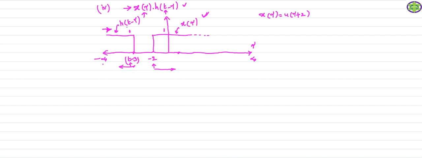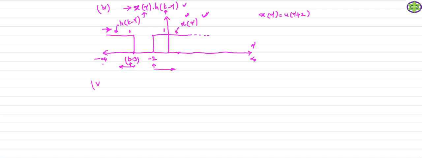You need to consider h of t minus tau on the left hand side of this signal x of tau, because h of t minus tau is going to move from minus infinity to plus infinity. In the process of moving, it is going to overlap with x of tau. Whenever there is an overlap, only then will we get the multiplication result. That is your fourth step.